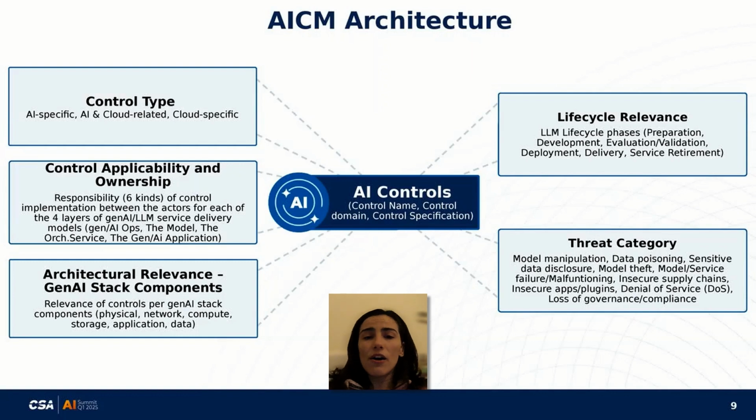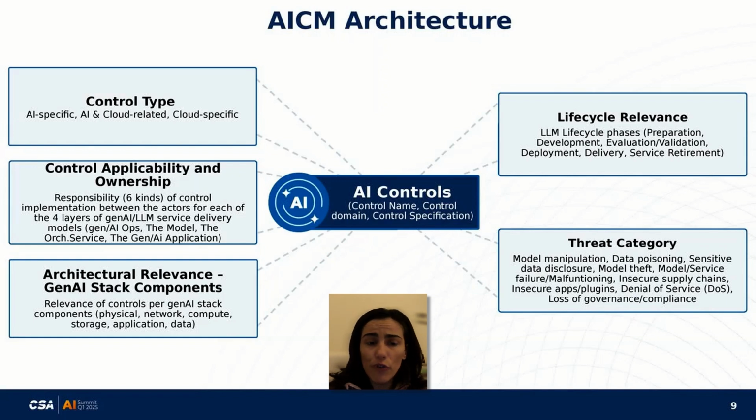Then for these controls, we say what is their applicability and their ownership. We have 6 kinds of responsibility for control implementation between the different actors, for 4 layers of the Gen AI LLM service delivery models: the Gen AI Ops, the model, the orchestrated service, and the Gen AI application.